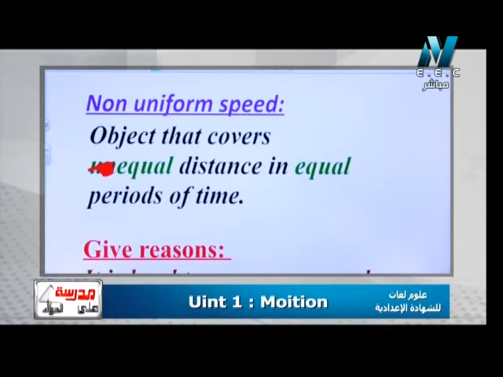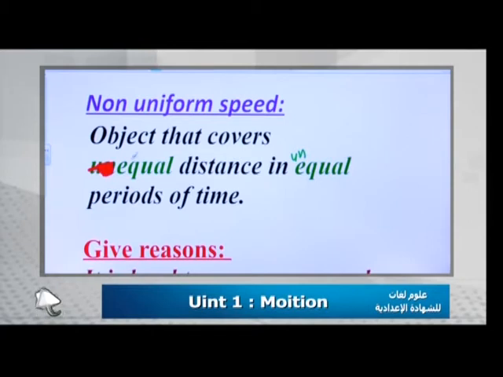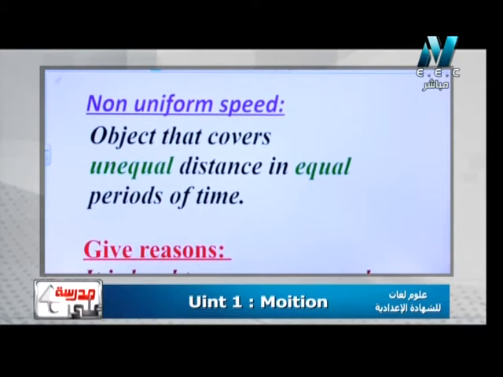Equal distances in unequal periods of time. So one equal and one unequal as you like, either distance or time: unequal distances in equal periods of time, or equal distances in unequal periods of time.